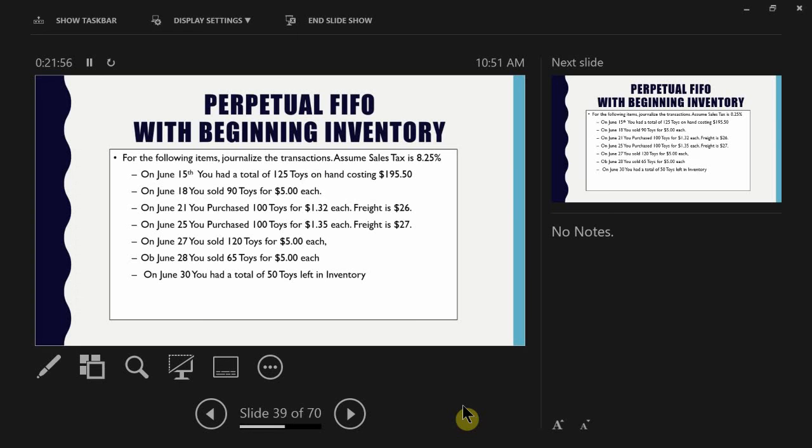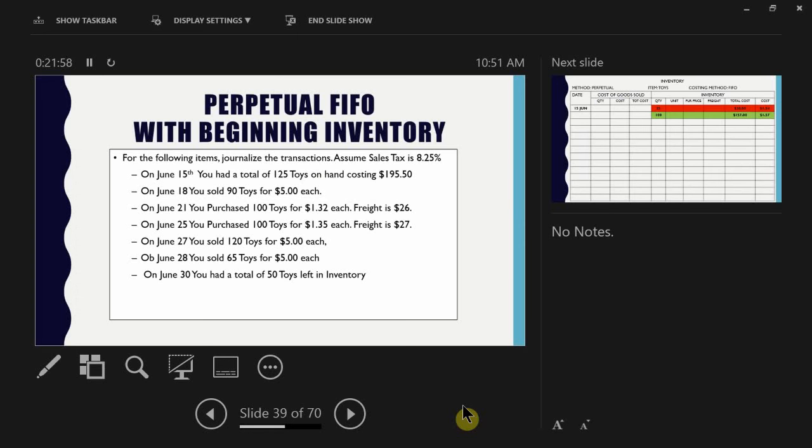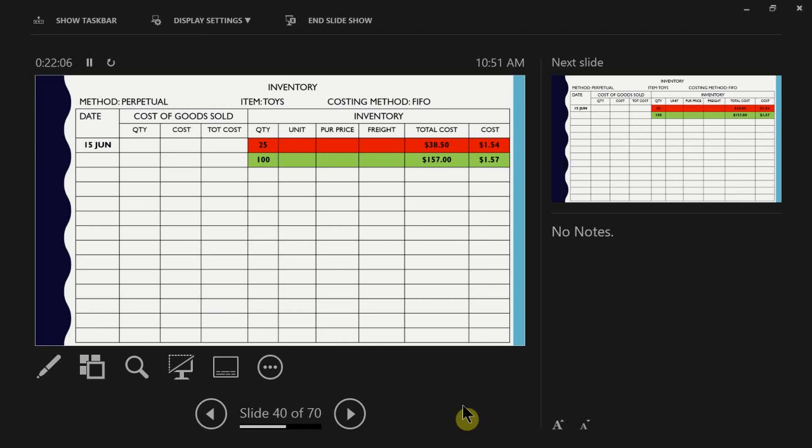So then the first thing that happened was that on June 18, we ended up selling an additional 90 toys for $5 each. So now we're going to bring it back to my table. Okay? We sold 90 items. In this case, if we're using the FIFO method, which batch are we going to take from first?